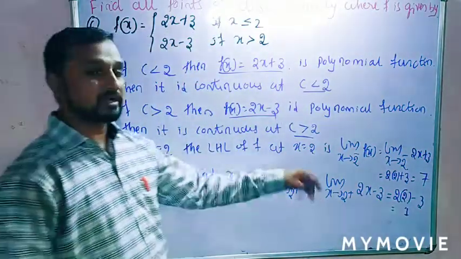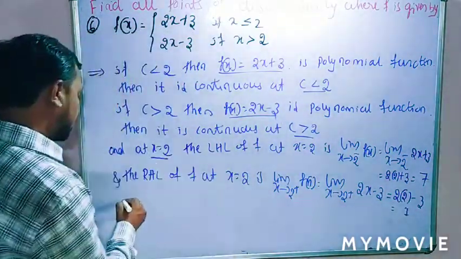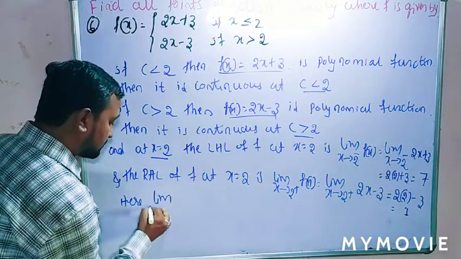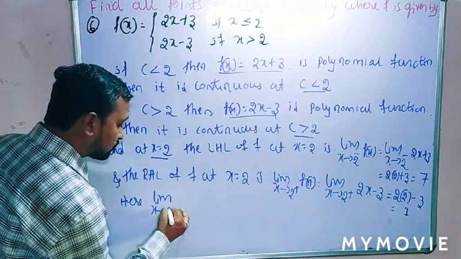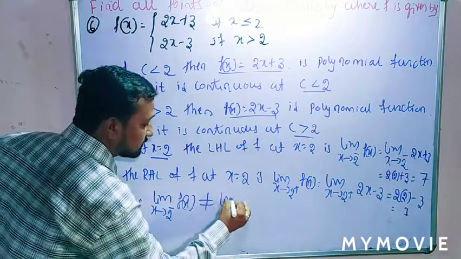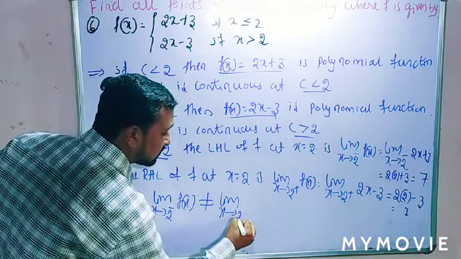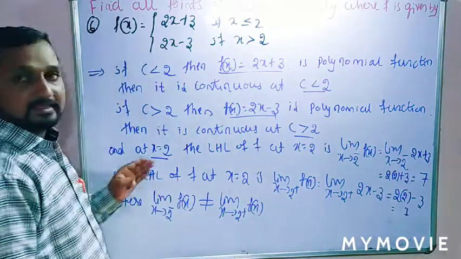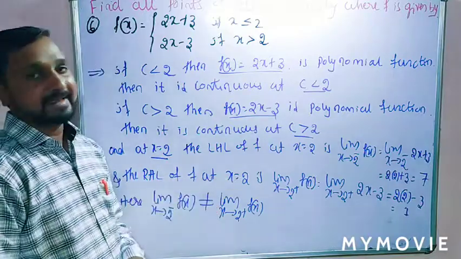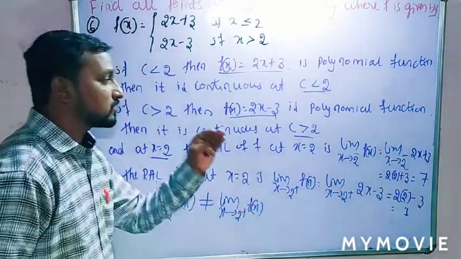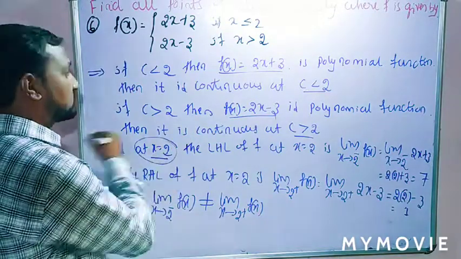Here the LHL is not equal to the RHL: limit of x tends to 2 minus f of x is not equal to limit of x tends to 2 plus f of x. So the LHL is not equal to the RHL.